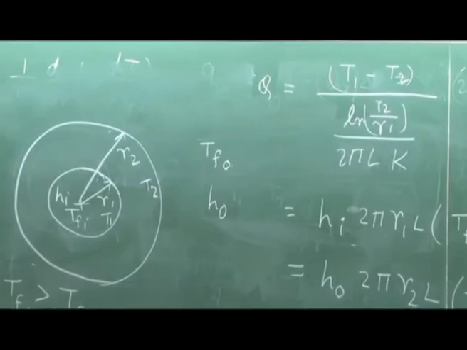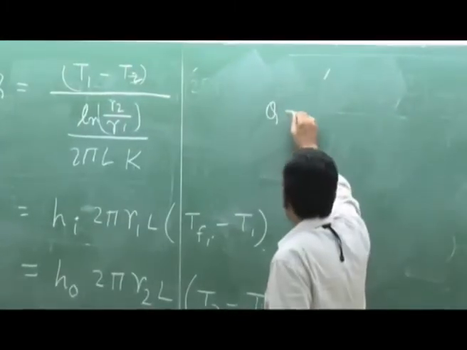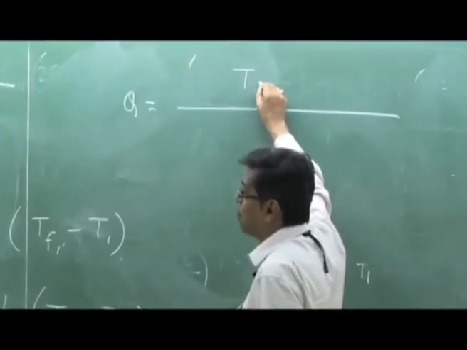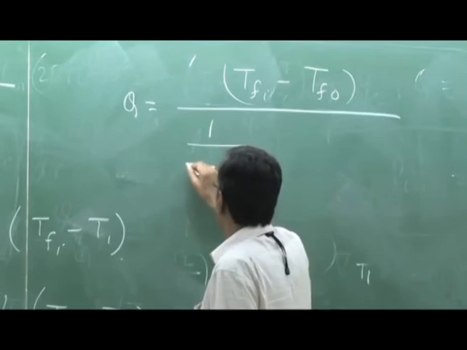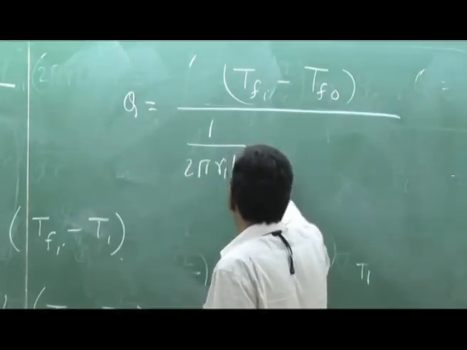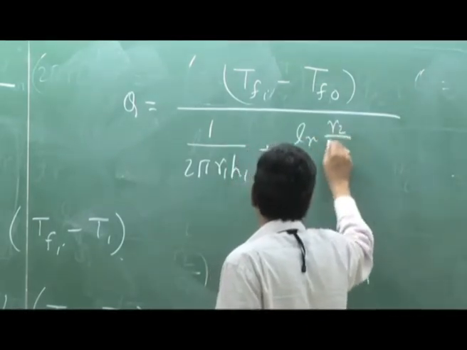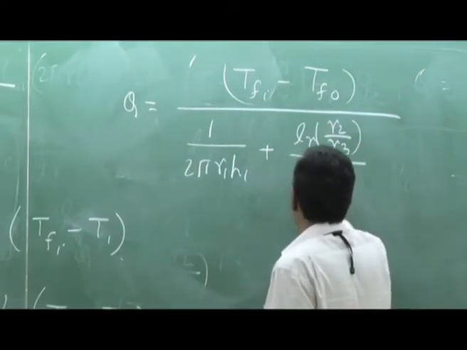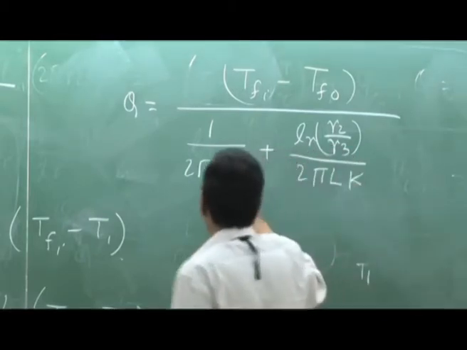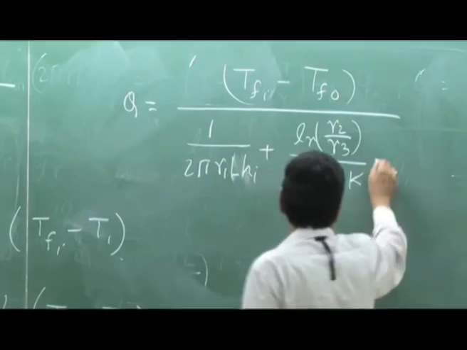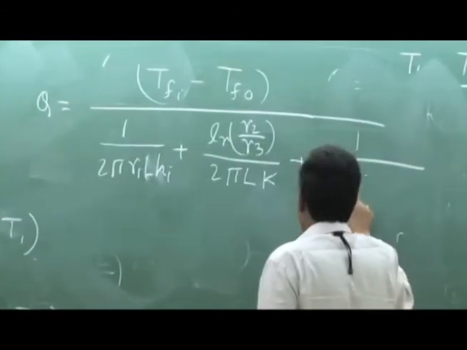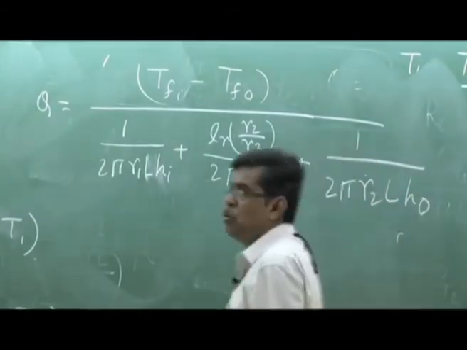If we sum it up, then we get Q equal to, in terms of the extreme temperature difference which are prescribed, TFI minus TFO divided by 1 by 2 pi R1 L Hi plus ln R2 by R1 divided by twice pi Lk, plus 1 by twice pi R2 L Ho.